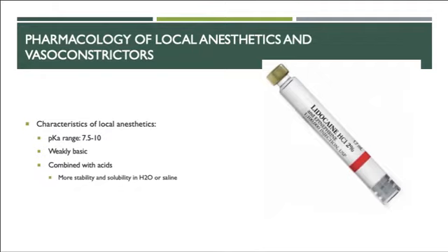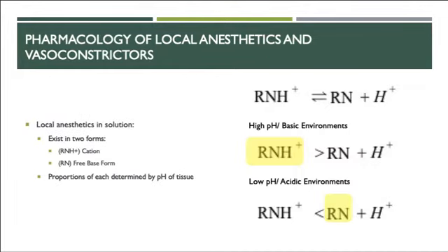To make local anesthetics usable, manufacturers usually combine them with acids to form anesthetic salts. Now, this makes them water-soluble and more stable. And you can see evidence of this on the side of the carpule here, where it says lidocaine HCl, and that's the hydrochloric acid there that they combine so that it makes the local anesthetic more water-soluble. Now that they're water-soluble, they can be combined with sterilized water or saline as a carrier.